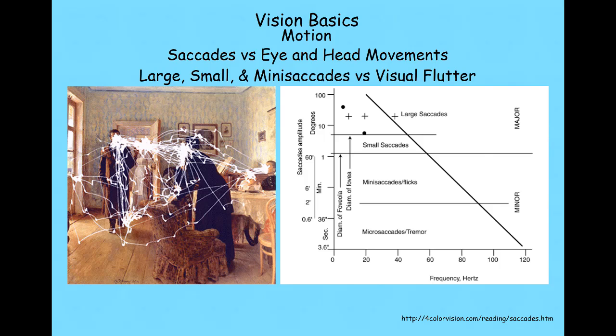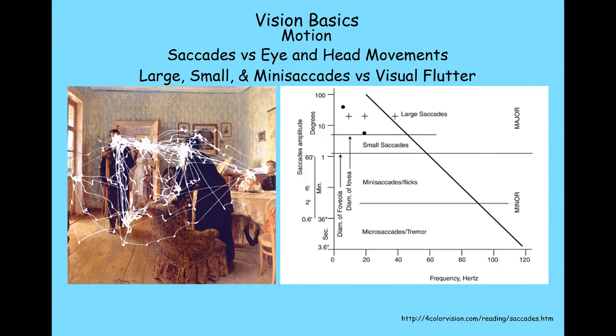There are also minor saccades, though, and they fall into 2 classes. Mini saccades are flicks, and microsaccades are tremors. These are just little movements, little tremblings of the eyes. Small saccades, mini saccades, and microsaccades, generally speaking, can't even be detected without special apparatus.